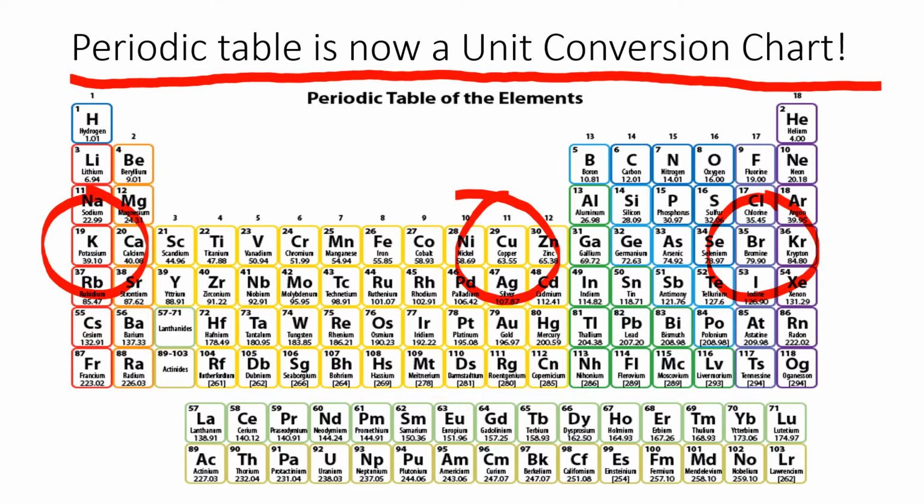You don't really have to memorize any of the weights on there. You just have to recognize that every time you look at one of those average masses, what that's telling you is that many grams equaling 1 mole. We're going to do some example problems with that.